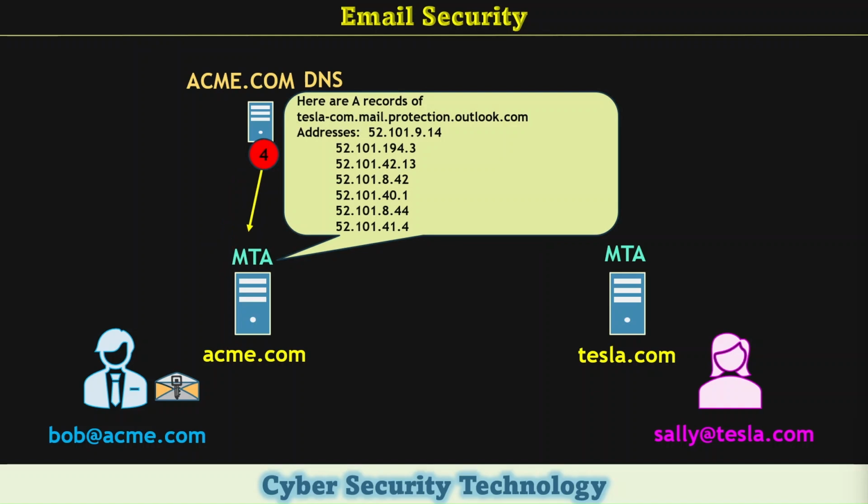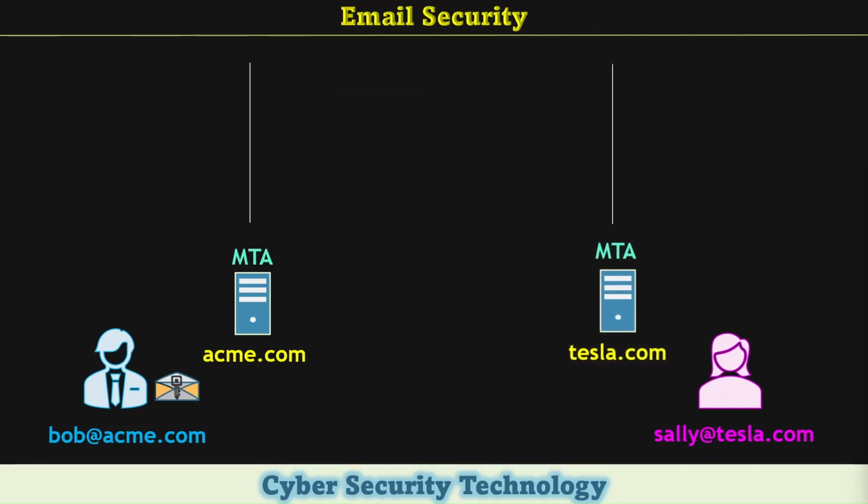Since multiple IP addresses are received, the acme.com MTA will decide which IP address it will use to send the email. The next time it needs to send email to tesla.com, it will choose the next IP address in the cache. So eventually, it load balances between all the IP addresses of tesla.com.